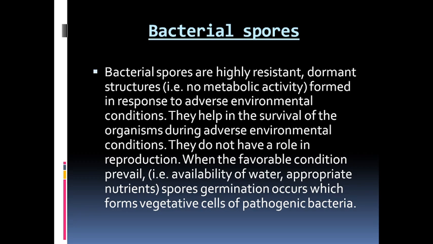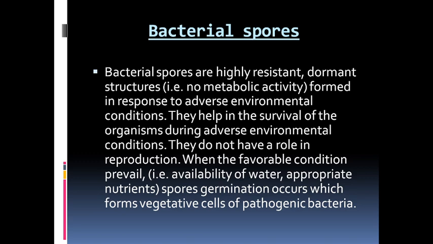For example, if the bacteria is exposed to excessive temperature or heat, the bacterial spores will get activated and protect the bacteria. So only we call the bacterial spores highly resistant and dormant structures.